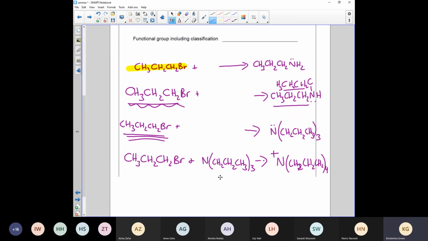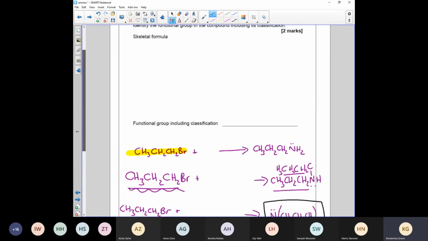Which one has 9 carbons and 21 hydrogens? There you go. There's 3 carbons in each chain, 7 hydrogens in each chain, and 3 chains on that nitrogen. So there we go, I figured out what my actual product is.